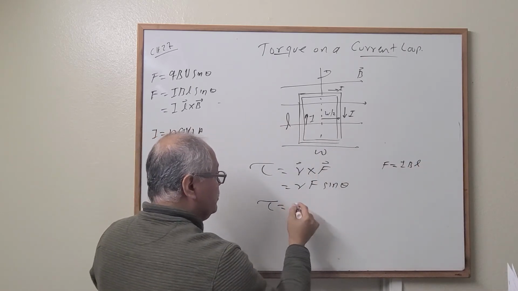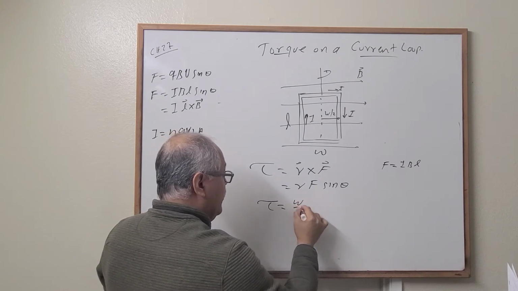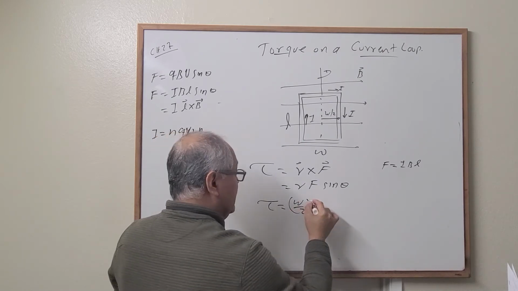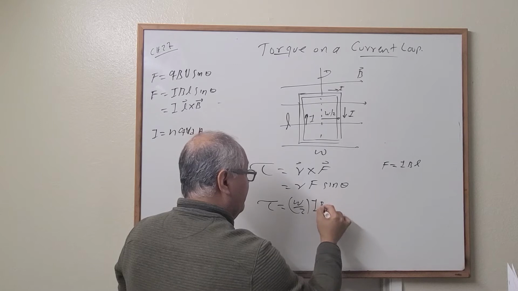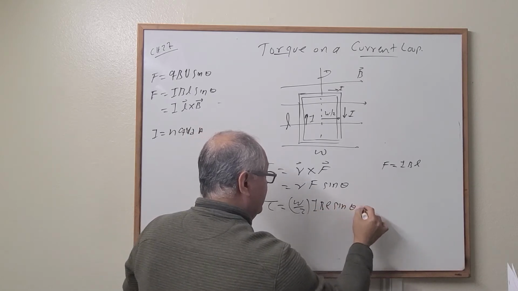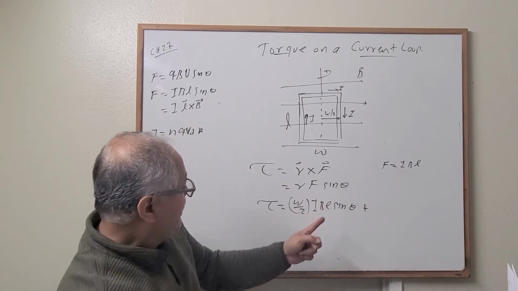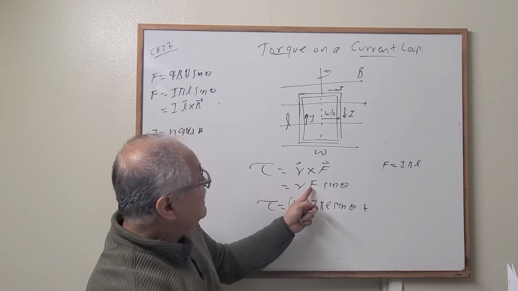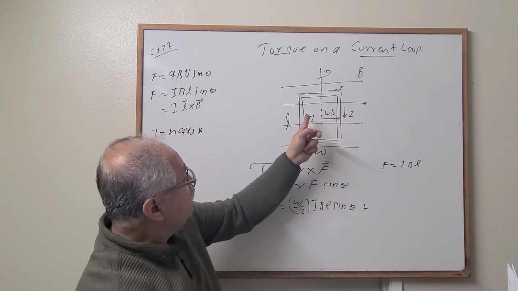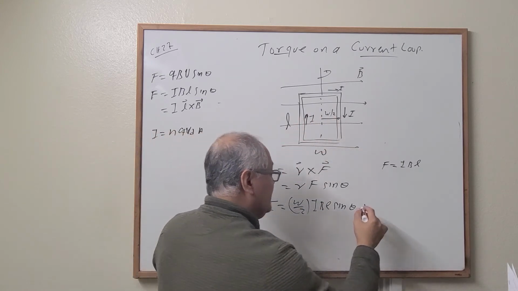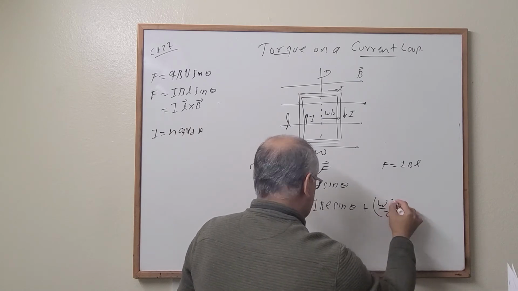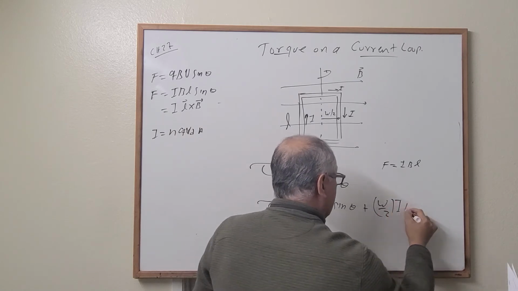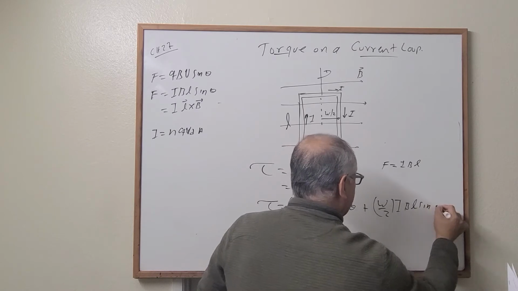So we have this equals W divided by 2 times I B L sine theta, plus the torque produced by this force right here. Now what happens on the other side? Well, we have the same thing, W divided by 2 times I B L sine theta.